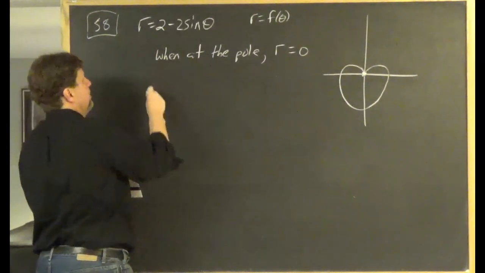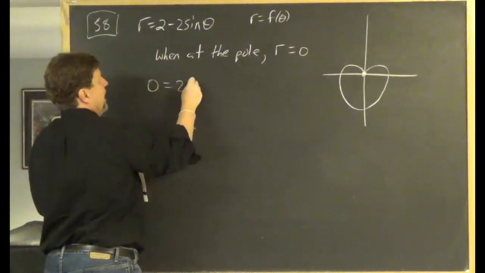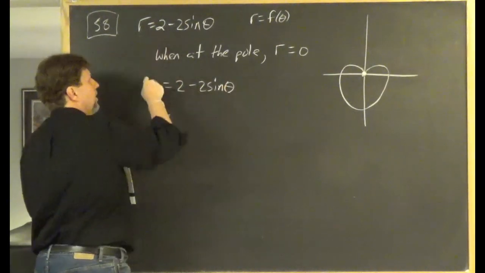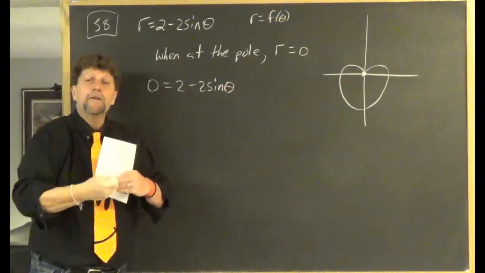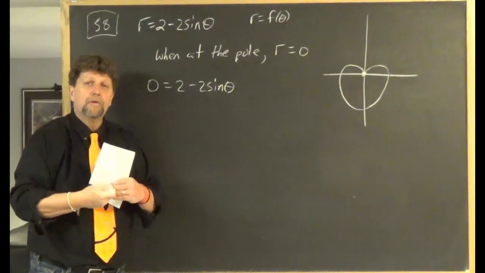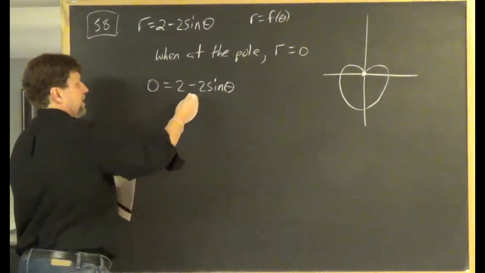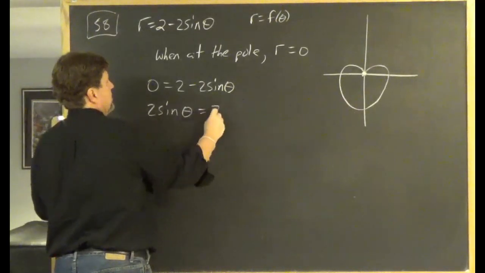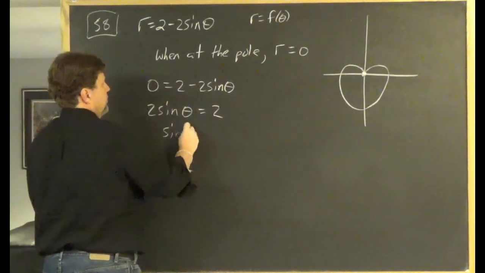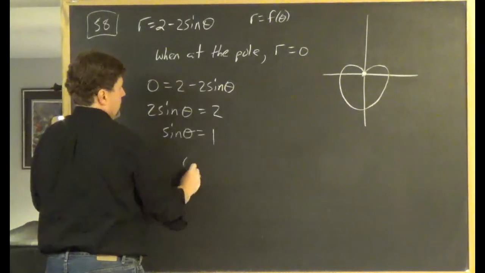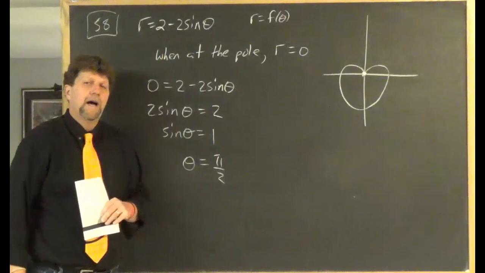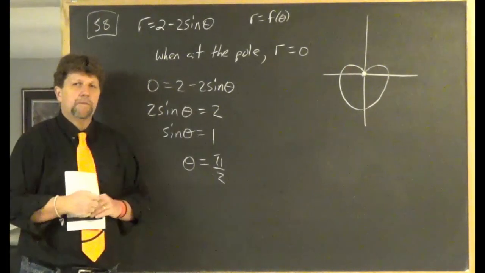So by putting 0 in for r, I'm saying, what values of theta put me at the pole? And this is a friendly equation to solve. Add 2 sine theta to both sides, divide both sides by 2. And a theta value of pi over 2. That's what puts me at the pole.